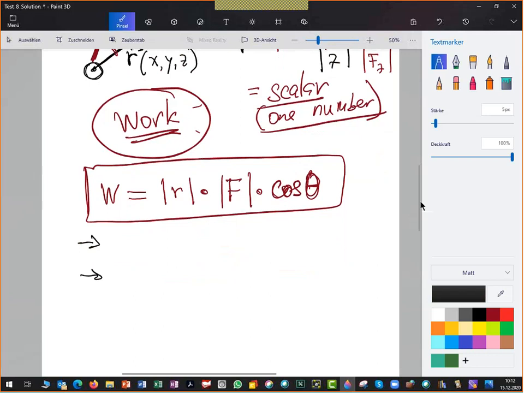The first consequence, the first conclusion, is if the displacement vector is parallel to the vector F, we say that the angle between them is equal to 0, and in this case we just define work as the product of r multiplied by F.